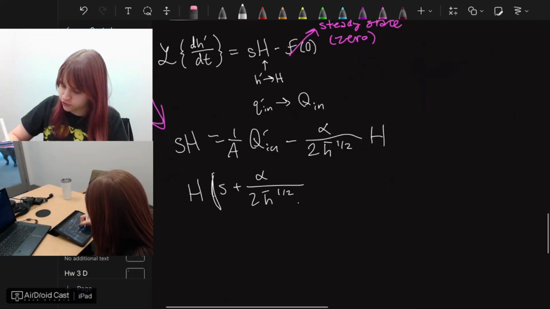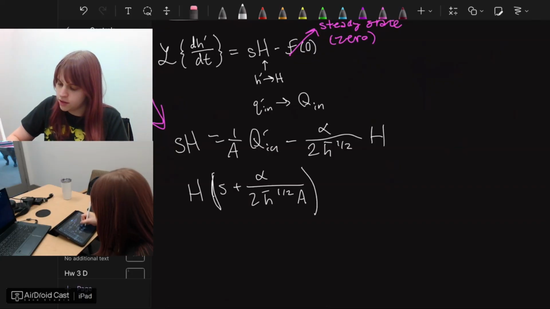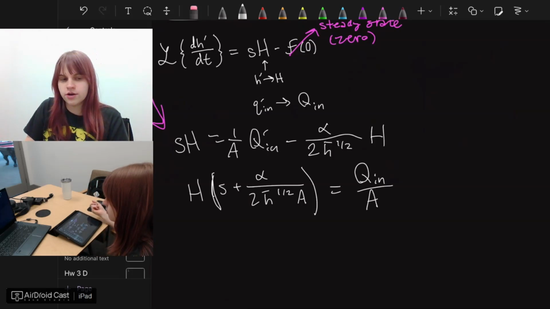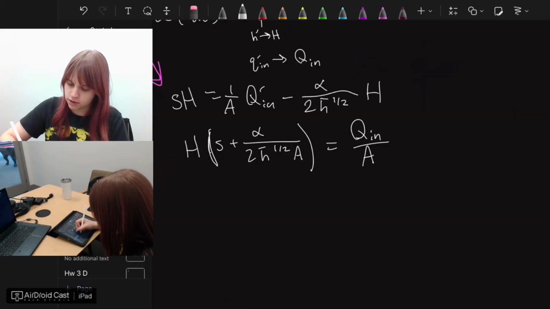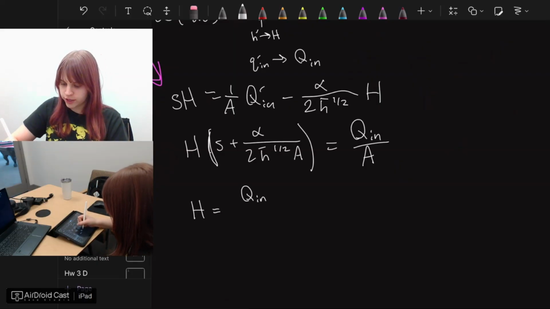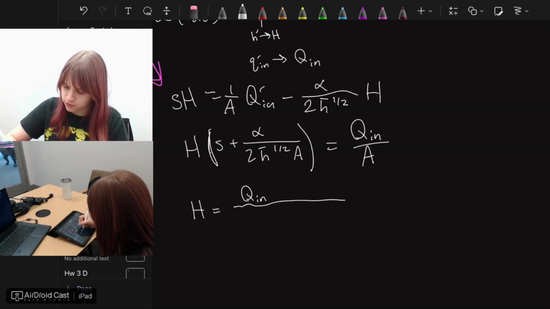And I should also have an area down there. And then that is equal to Q in over the area. Then we get our equation in terms of just the height. So we have Q in in the numerator, and then in the denominator we have all of this stuff.